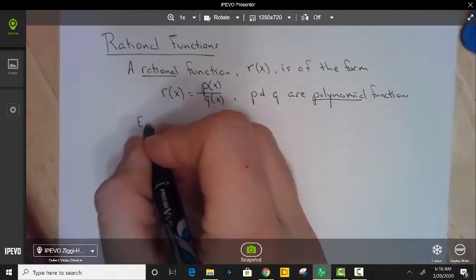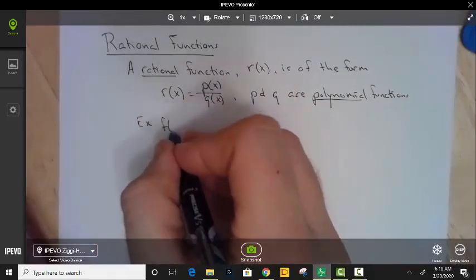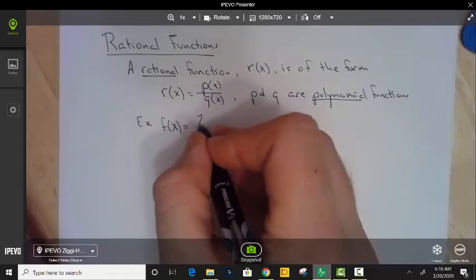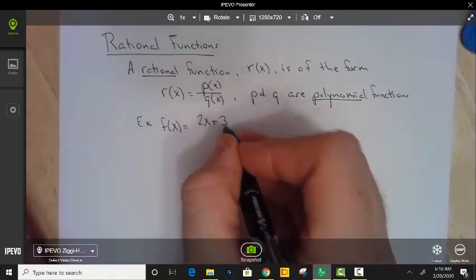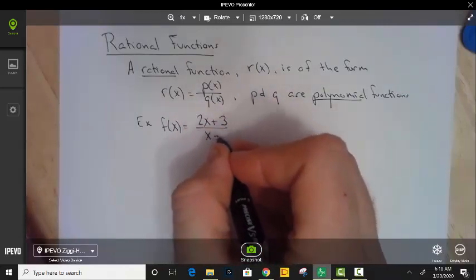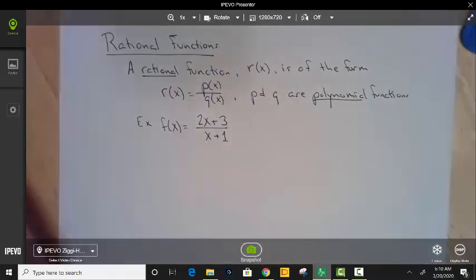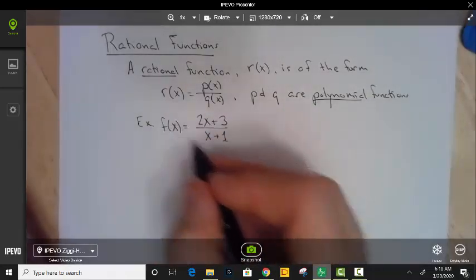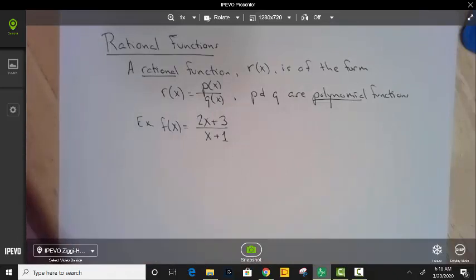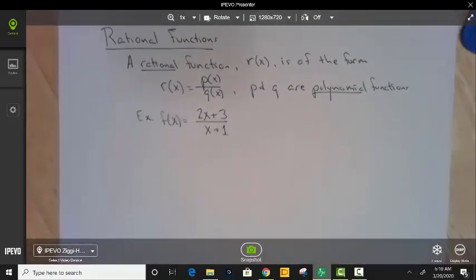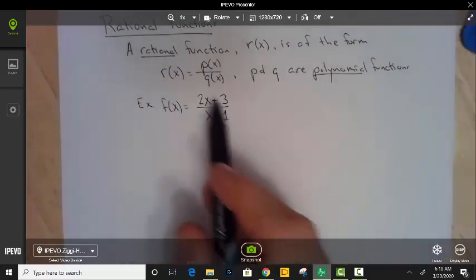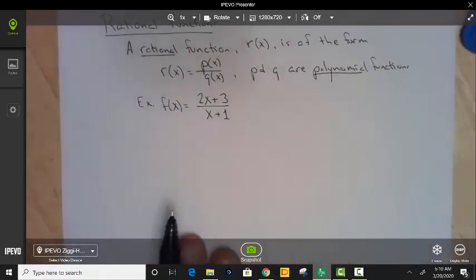So for example here, if we want to talk about the function, say f of x equals 2x plus 3 over x plus 1. And in the upcoming sections we're going to be working with this algebraically, being able to take this function and create the graph without the use of technology.